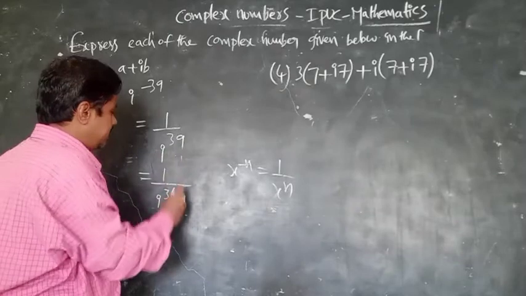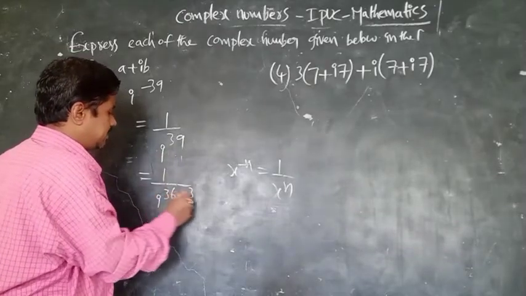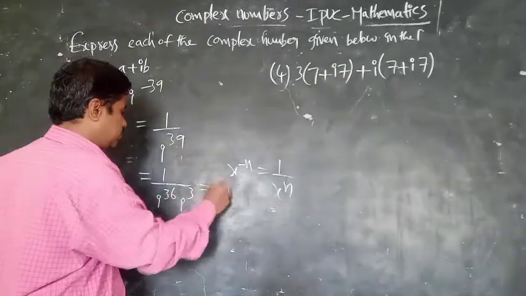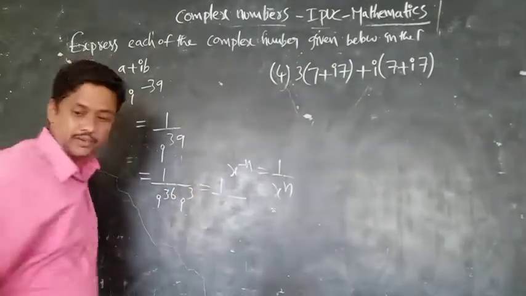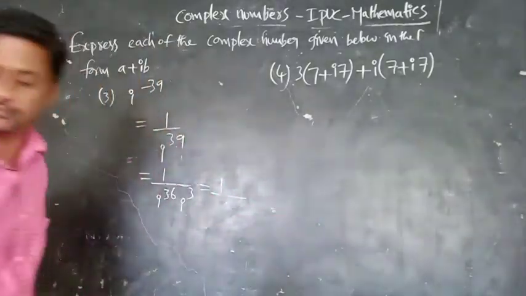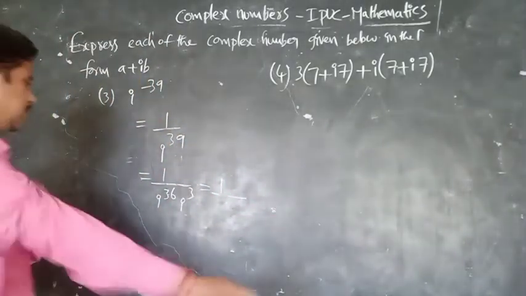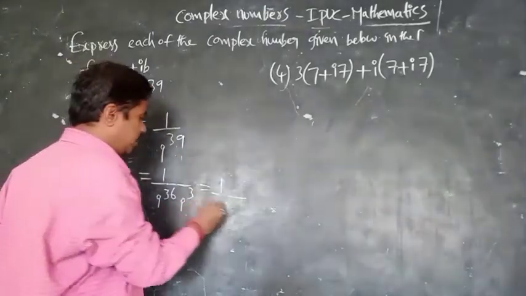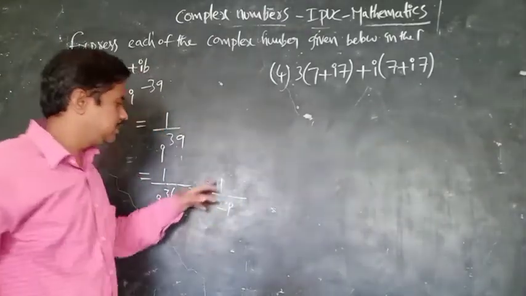What is the remaining thing? i cube: 36 plus 3 is 39. So it is equal to 1 divided by i cubed, which is minus i. So this is the answer.